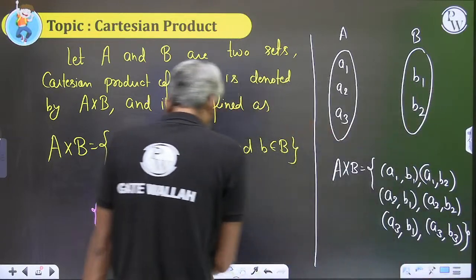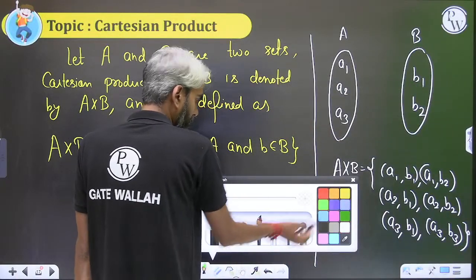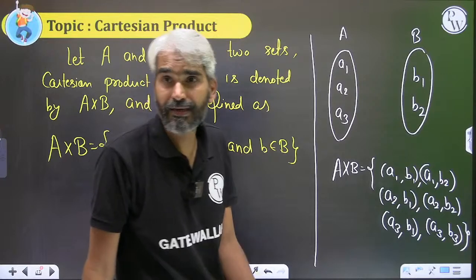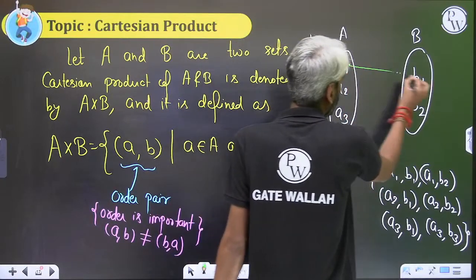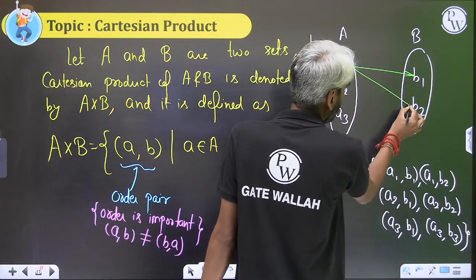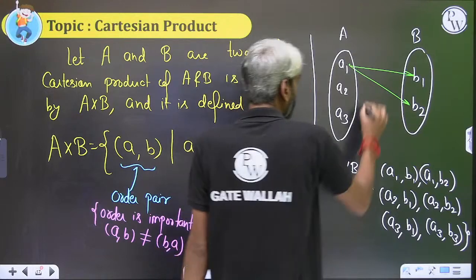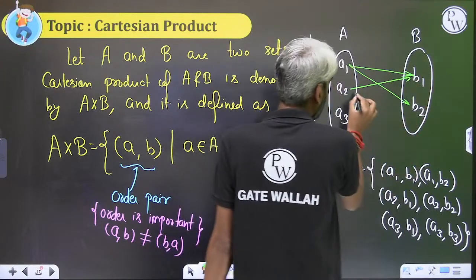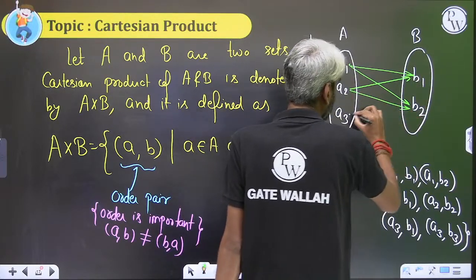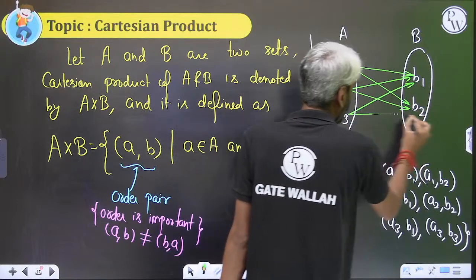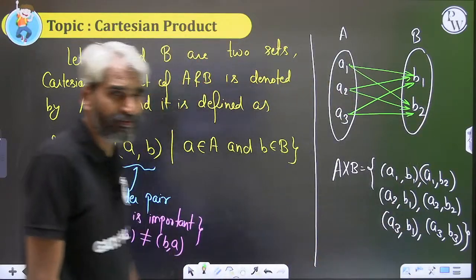If I try to represent this Cartesian product pictorially, A1 will relate with B1, A1 will relate with B2. Similarly, A2 will relate with B1, A2 will relate with B2, A3 will relate with B1, and A3 will relate with B2.